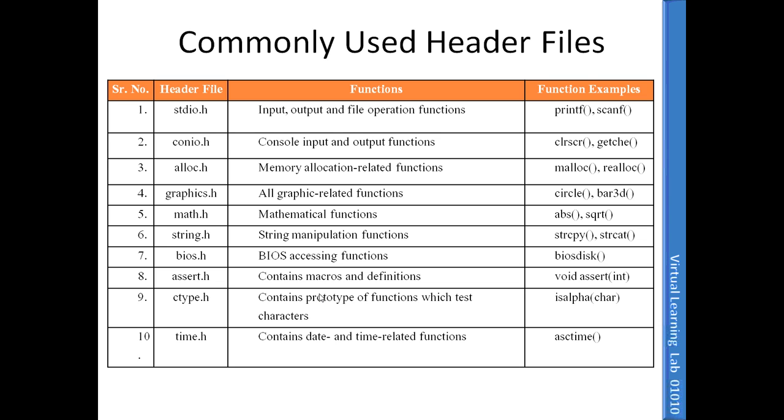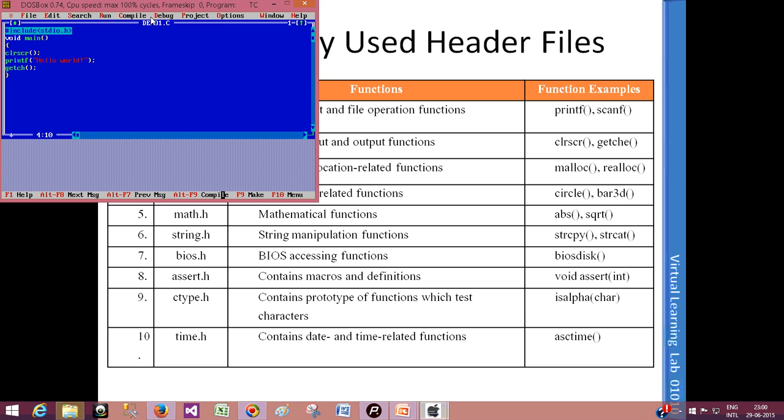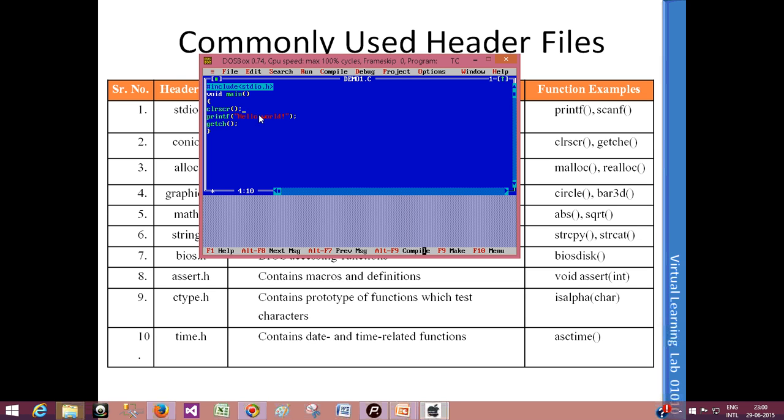Let's see the practical. I created one code earlier. Let's understand the code. #include <stdio.h> is a header file which we are using. Void main is a function which I created.